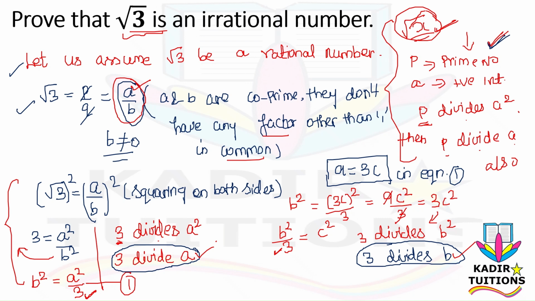So a contradiction arises on our assumption. What we have assumed is wrong. So root 3 is an irrational number. This is how we need to do this problem.